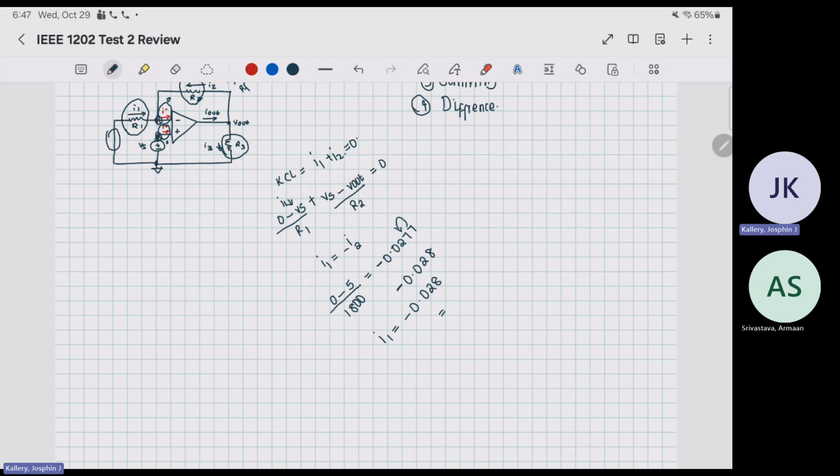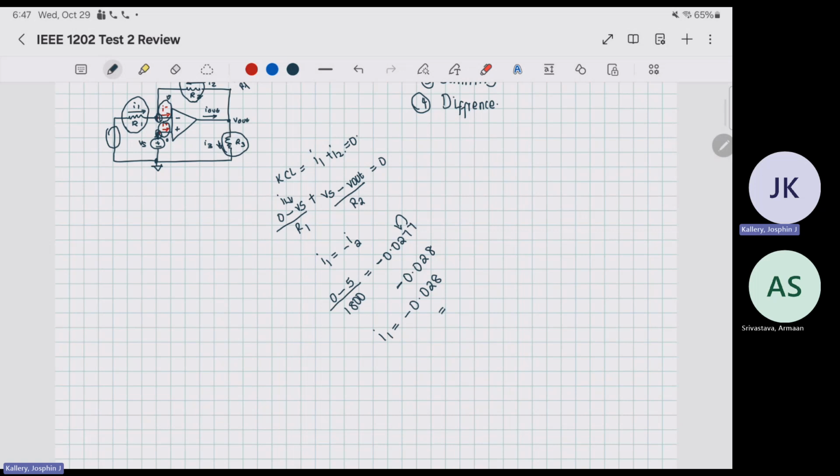Did you guys not round it off? I rounded off to 3 decimal places. It's still the same thing though. So it's just going to be 2 point, wait, just a minute. It's 2.77.